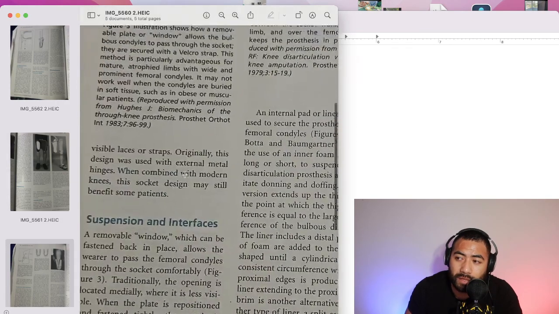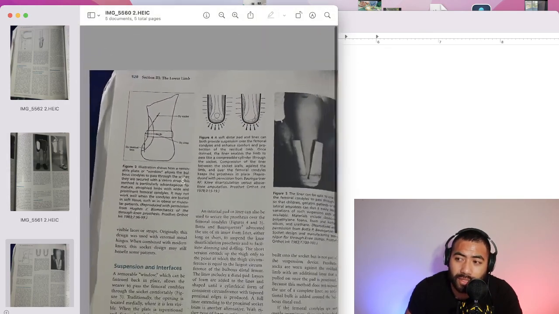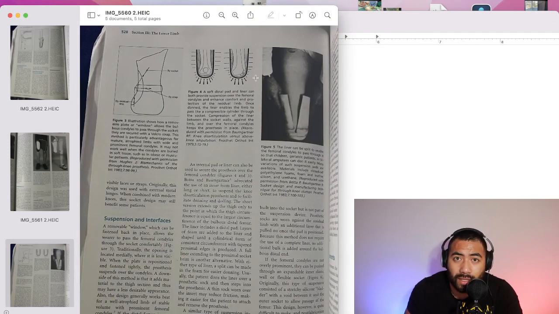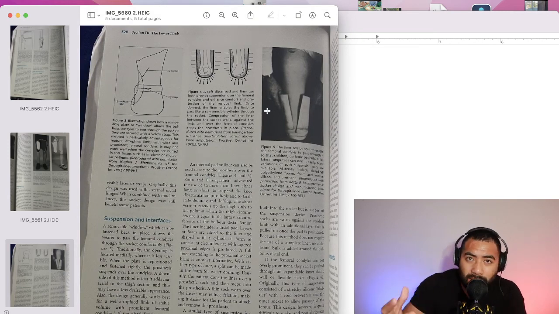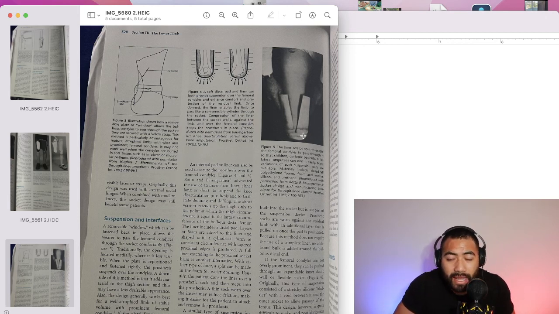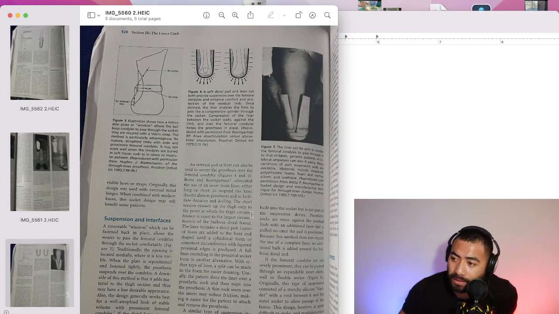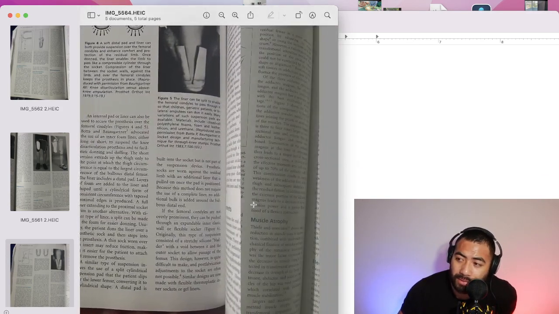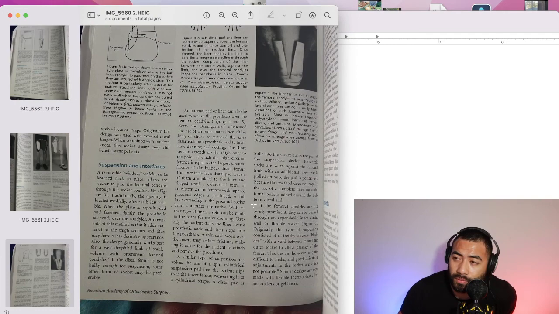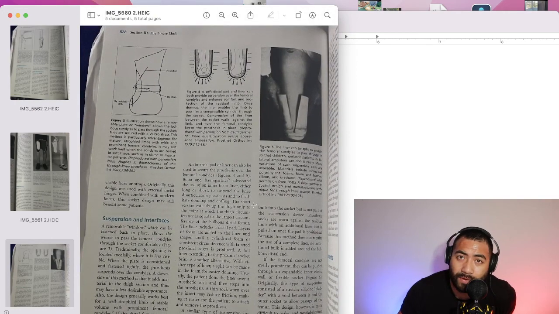So here's some of the designs that you could choose. You can choose this one, which is P-light. You kind of have a distal end cup, like a distal end pad, which you can see right here. There's a distal end pad. And throughout the reading, they talk about having a distal end pad. This is page 528 in your textbooks.